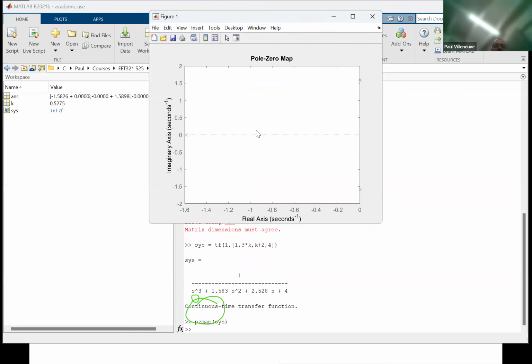And it's really hard to see, but I'll annotate so you can see. Here's over here, which is in the left-hand half plane. And right on the j omega axis, because you can see the 0 there, are the 2 marginally stable poles. So this is a marginally stable system. So as long as K is greater than that value, then we have a stable system.